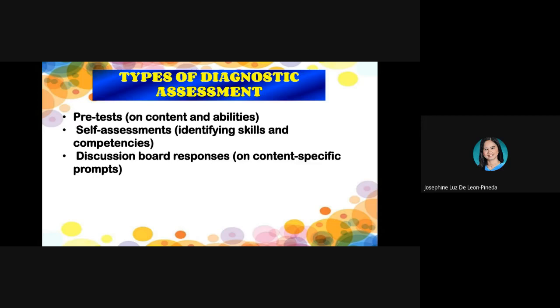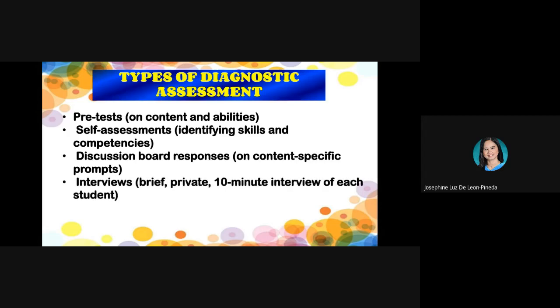So discussion board responses are also a type of diagnostic assessment. An example, a brief 10 minute interview of each student can be a diagnostic assessment.